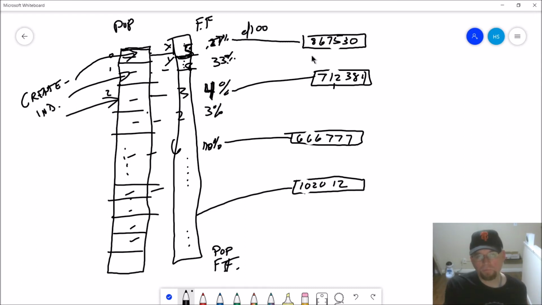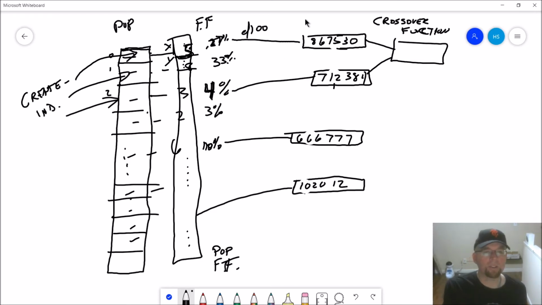Okay, now when you have these two individuals, what they do is they get fed into a crossover function. Okay, and what happens in this crossover function is that you randomly pick some crossover point.